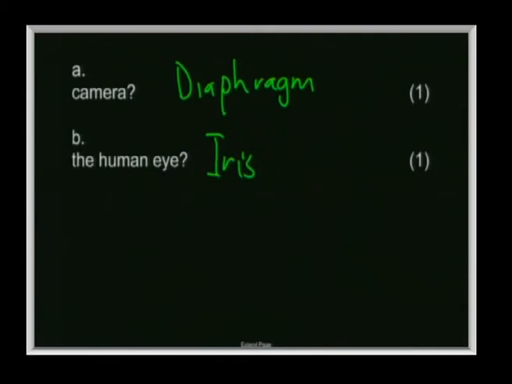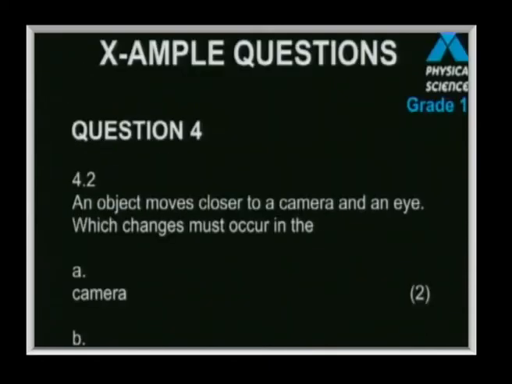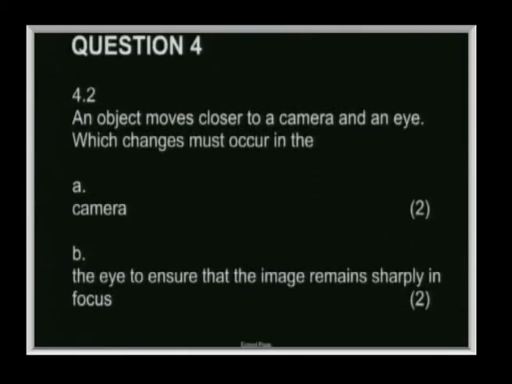Okay, moving on. Question 4.2 asks us, if an object moves closer to a camera and an eye, which changes must occur in the camera? Now, if I'm holding a camera and I'm about to take a photo and that object comes too close, the image is going to become blurry. So what do I need to do? I need to adjust my lens so that I can see better.